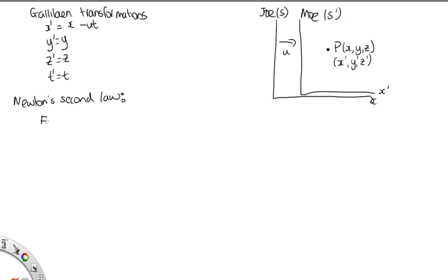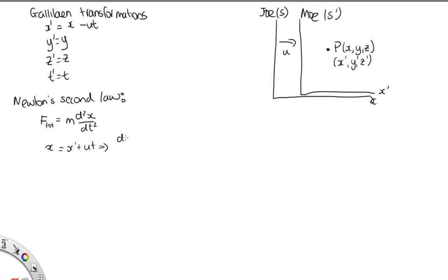So we know that if we apply a total force, then we'll get an acceleration: F total equals m d squared x dt squared. And let's have a look at what's going to happen in Mo's reference frame. We can write this first transformation up here as x is equal to x dash plus ut.